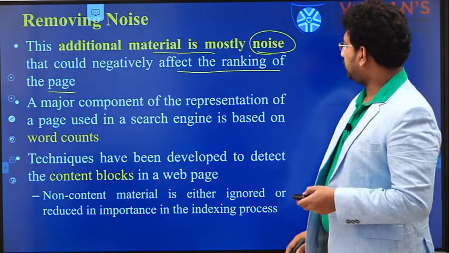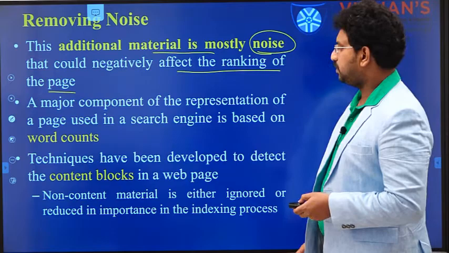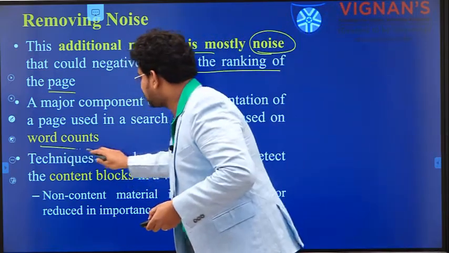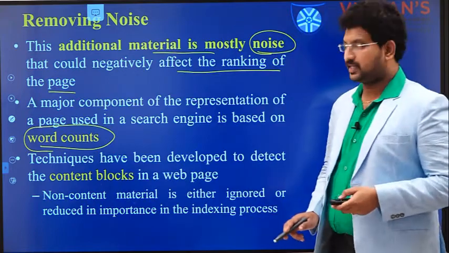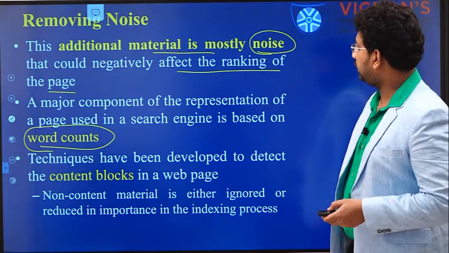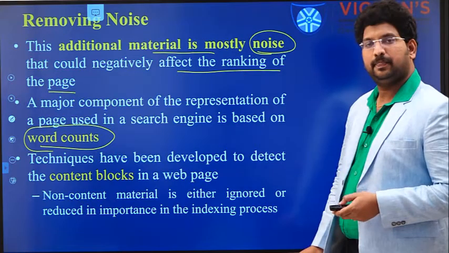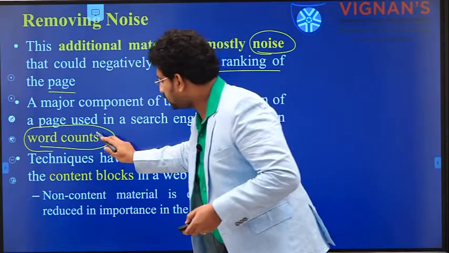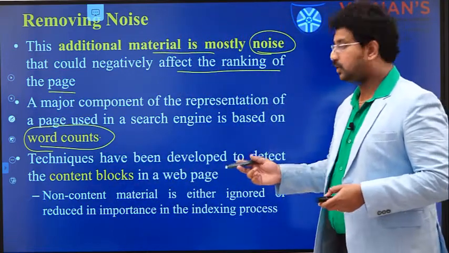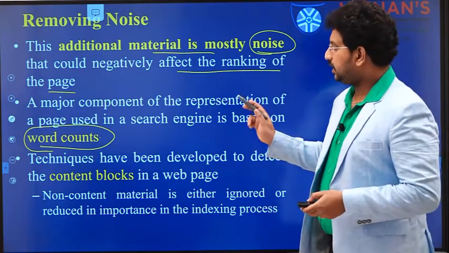The major component of the representation of the page used in a search engine is based on word counts. This is one of the important points to understand. What is the major component of the representation of the web page used in the search engine? It is word counts. Word counts play an important role for the web page and its main content.